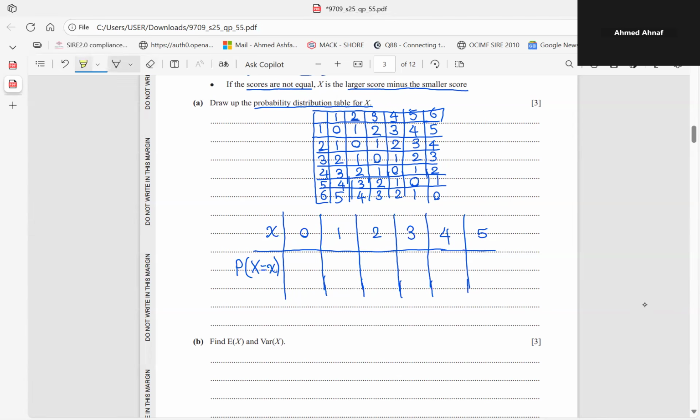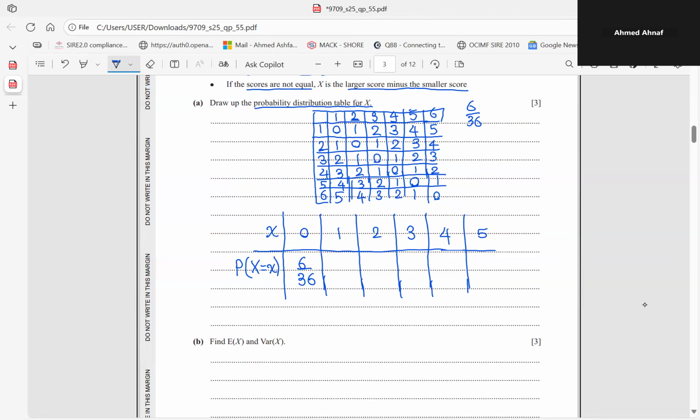Just count manually. So 1, 2, 3, 4, 5, 6. And in total, there are 6 by 6 cells, so there are 36 cells. So 6 out of 36 is a 0. So this is the probability of X being equal to 0.